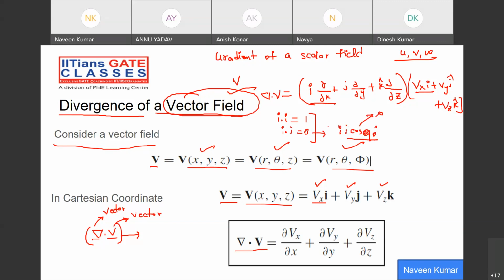Similarly, for i dot i, theta is 0, and cos 0 is 1. So this fundamental is what we use here. So i, j, k will give 1, and here you will get a scalar quantity.